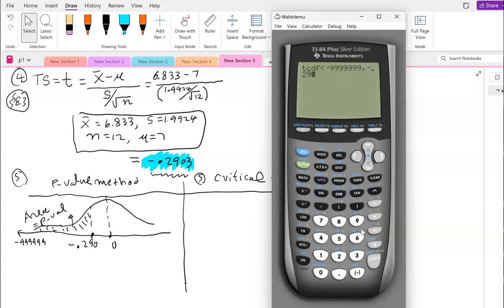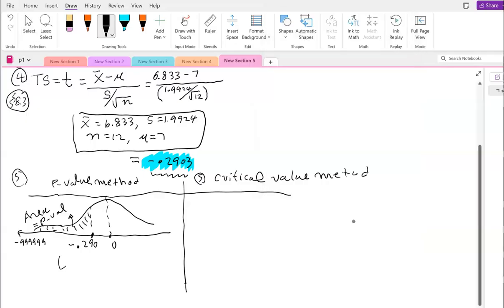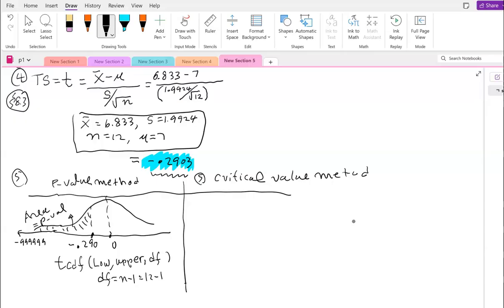Okay. And then this is what you need to do: tcdf lower, upper, and then degrees of freedom. Degrees of freedom is n minus 1. n was 12, so minus 1, which is 11. So back to the calculator again.